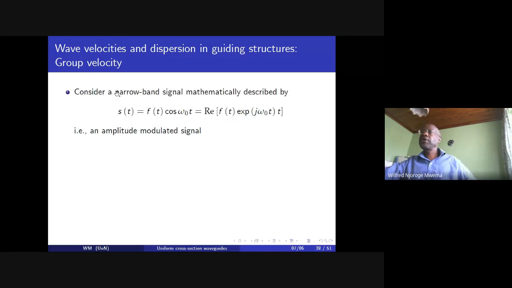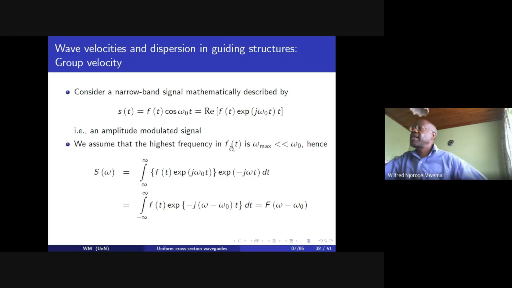So if we consider a narrowband signal with a mathematical description of s(t) equal to f(t) cosine of omega naught t, that is the real part of f(t) exponent of j omega naught t, that is, we are using an amplitude modulated signal, then we can assume that the highest frequency in f(t) is omega max, much smaller than omega naught, where omega naught is called the carrier frequency.